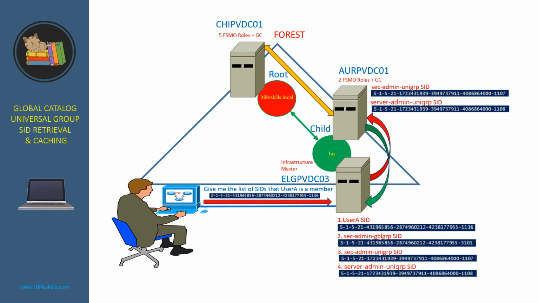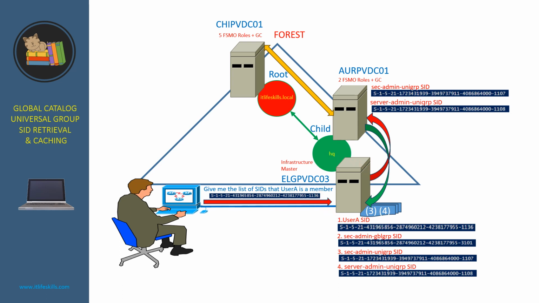Since LHPVDC03 is configured for universal group membership caching, it caches both the security admin universal group sysid and server admin universal group sysid for the next time user A logs on.